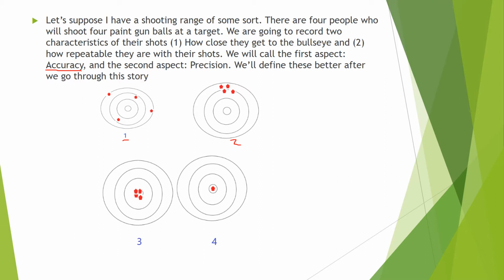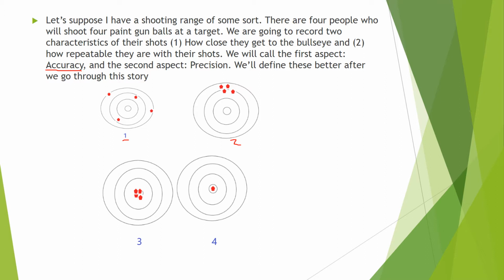How good is the precision? I'd say not very good, because they're not close together. Their 4 shots are off from each other. So, not very good accuracy, not very good precision.